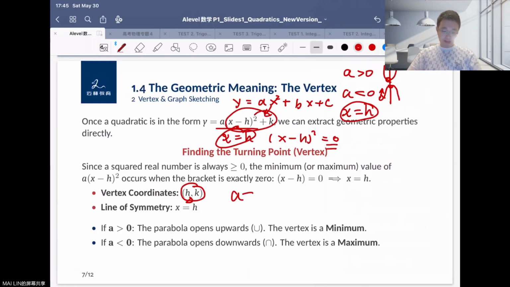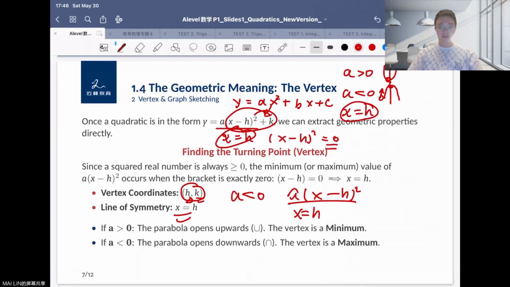If a is smaller than 0, then when x equals h, we can find the maximum point. So the vertex coordinate is when x equals h and the y value equals k, and the line of symmetry is x equals h.